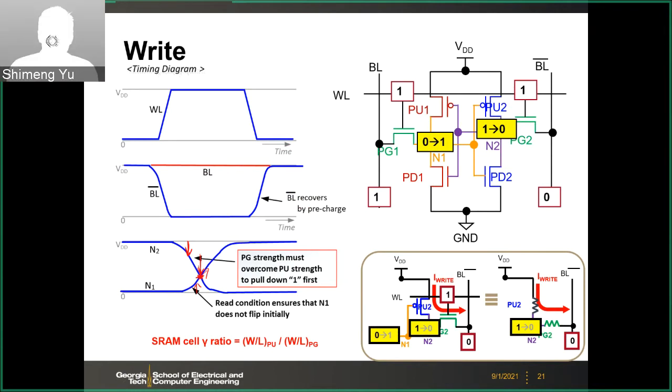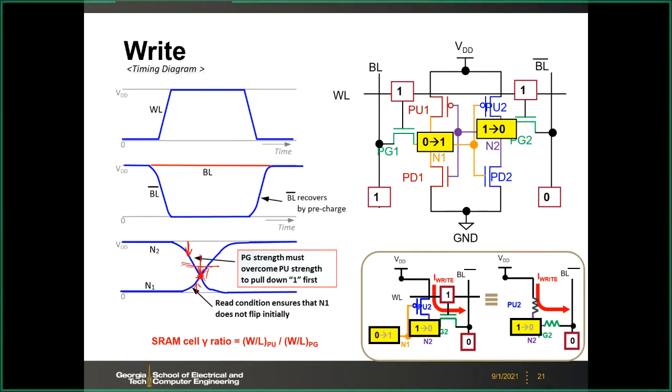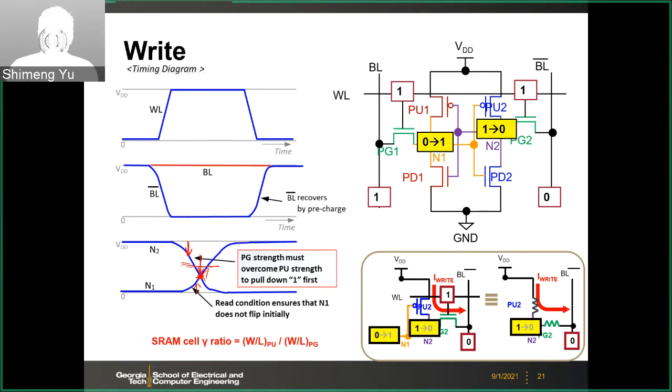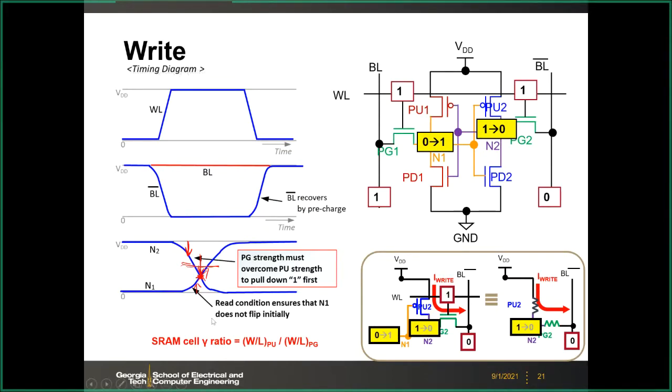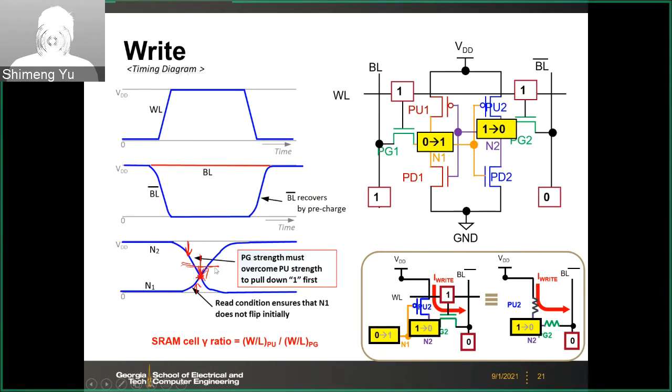So in other words, this cross point should be somewhere close to the ground, definitely below half VDD. So the N2 starts decaying first before N1 rises up. And then eventually you will flip the pattern. So N1 will become VDD, N2 will become 0, ground.